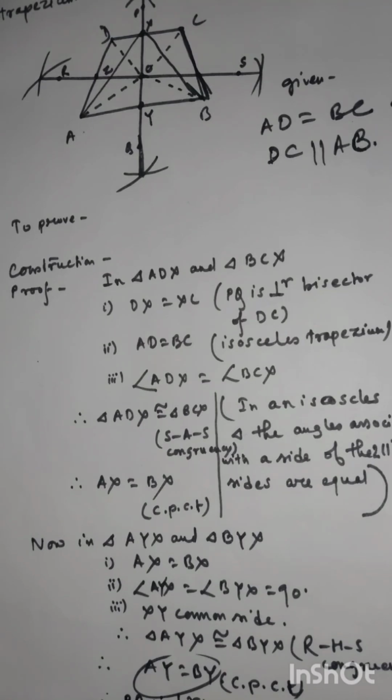Okay. Now, O is situated on the perpendicular bisector PQ of side DC.